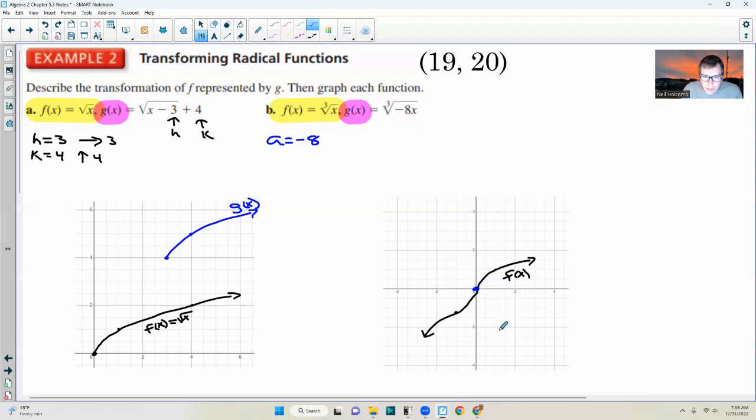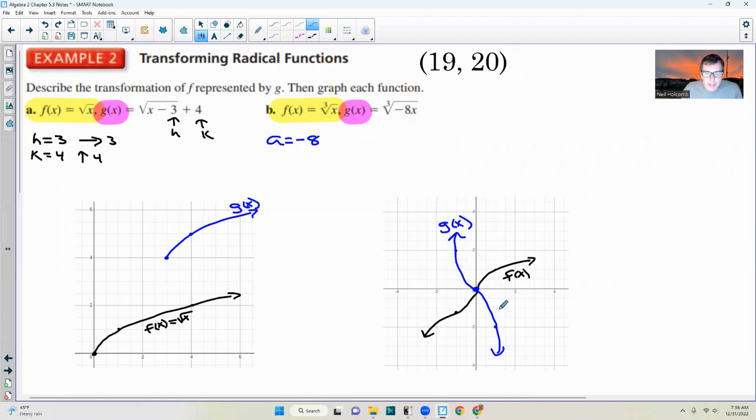So if I go over to 1, I'm down at -2. So this function is going like so. And if I put a -1 in for x, that's -8 times -1, which is +8, and the cube root of 8 is 2. So if I plug in a -1, I get 2. So this is going to curve up like this. So there is g of x.